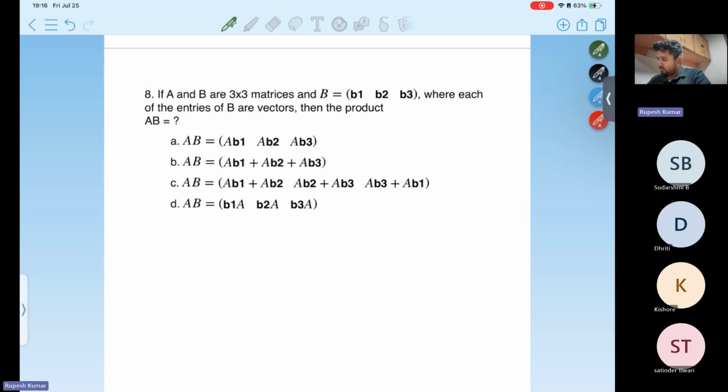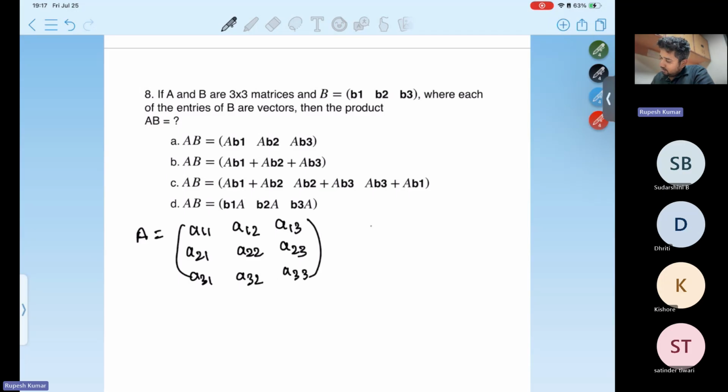Fine. So let's start with this problem. The problem says, let's say we have a matrix A equal to A11, A12, A13, A21, A22, A23, A31, A32, A33.